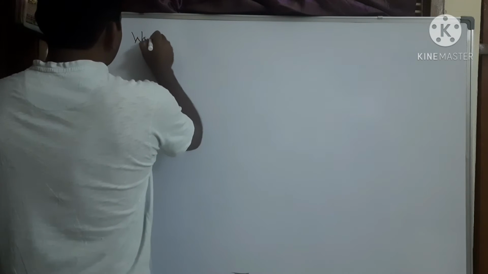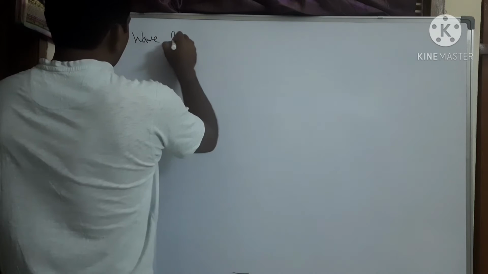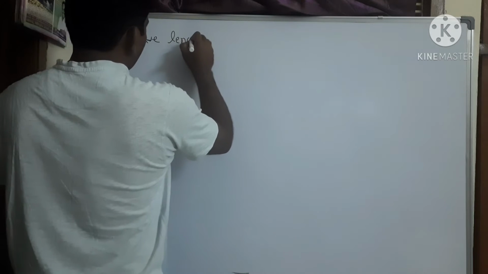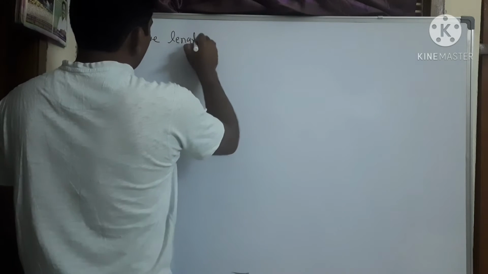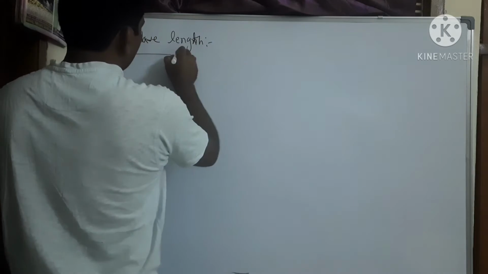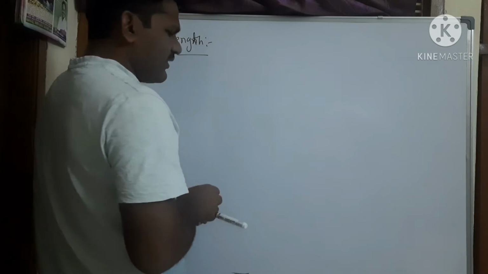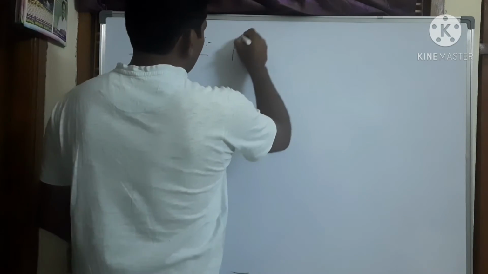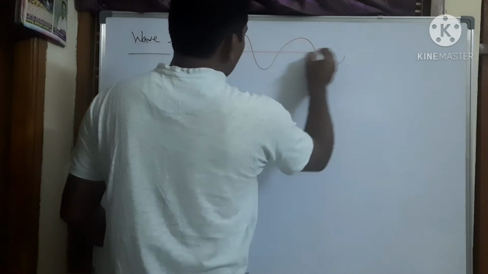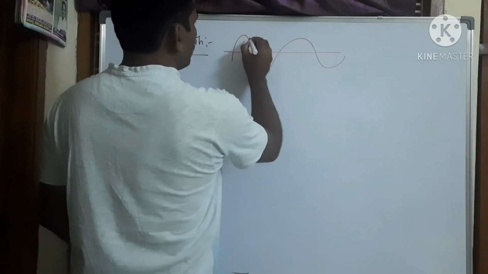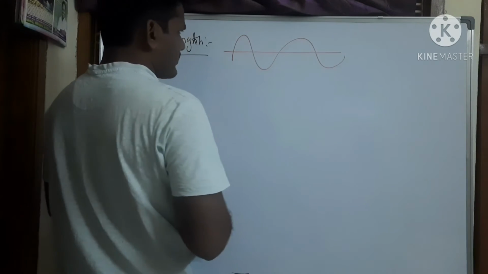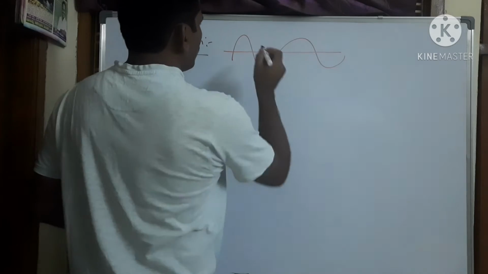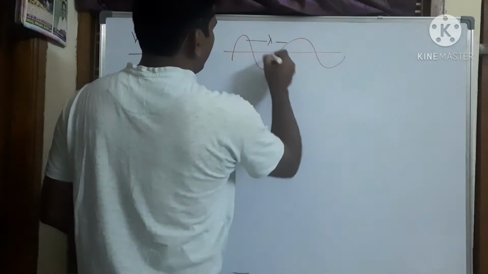The first one is wavelength. Wavelength is simply defined as the distance between two consecutive crests or two consecutive troughs.